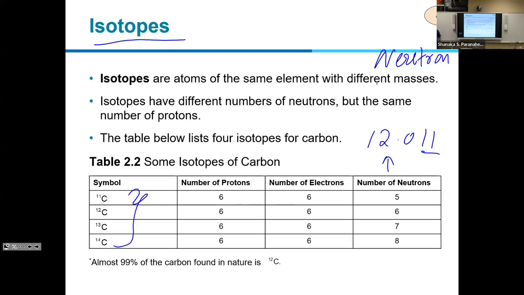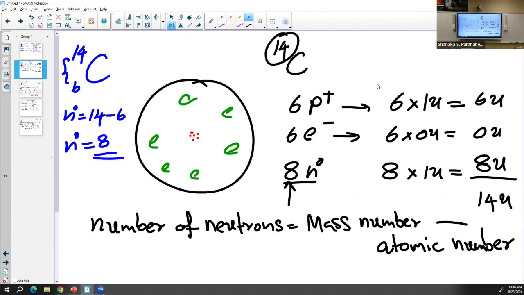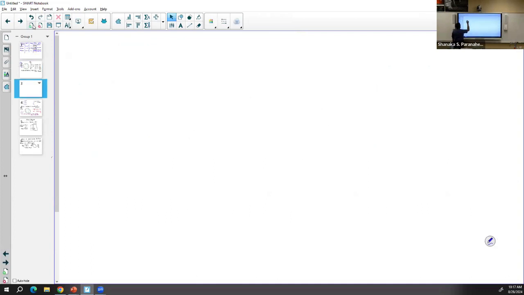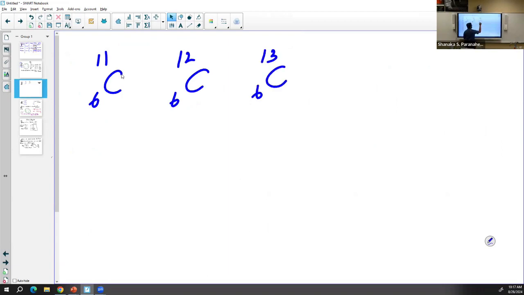Protons and electrons are the same for a given carbon atom, whether it's C-11, C-12, C-13. It has an equal number of protons and electrons because its symbols are C-11, 6, C-12, 6, C-13, 6, C-14, 6.